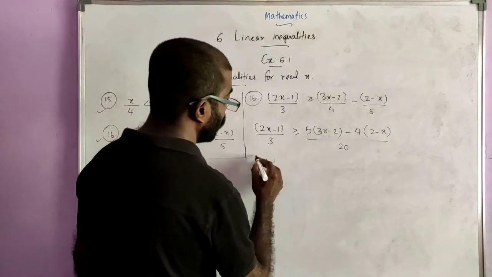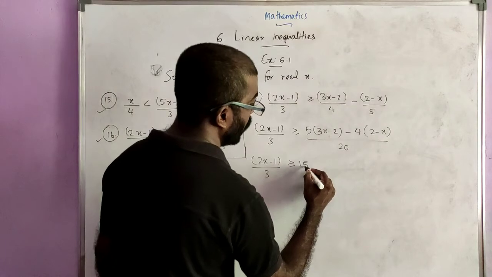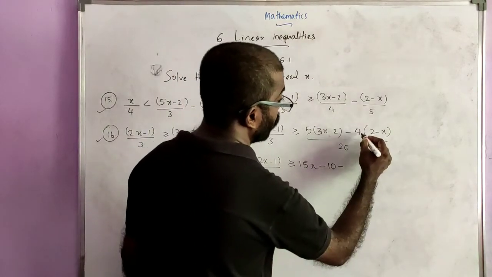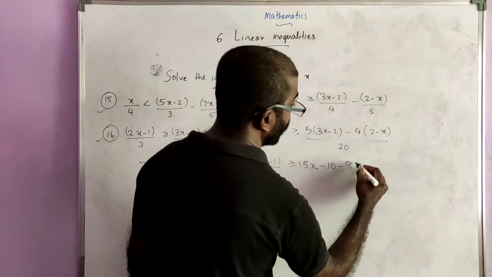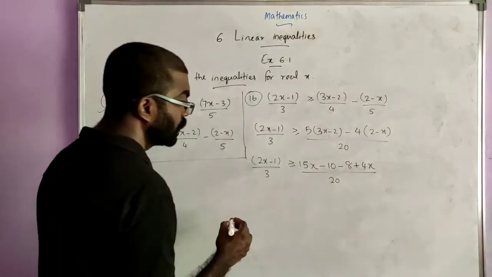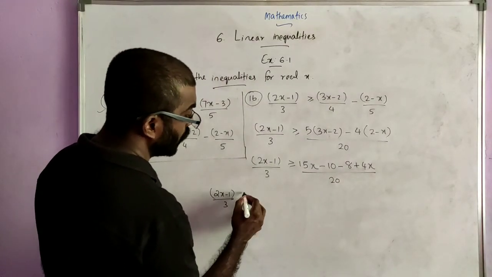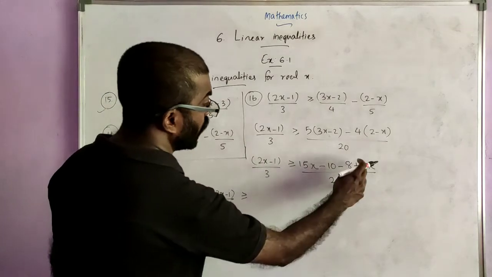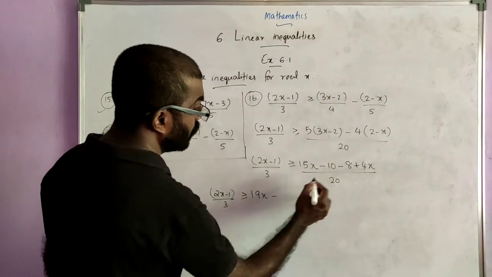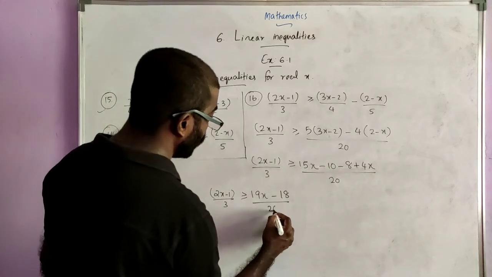So (2x minus 1) by 3 greater than or equal to 5 3s are 15, 15x minus 5 2s are 10, 4 into 2, 8, minus into minus plus 4x, divided by 20. That is (2x minus 1) by 3 greater than or equal to 15x plus 4x, 19x, minus 10 minus 8, minus 18, divided by 20.